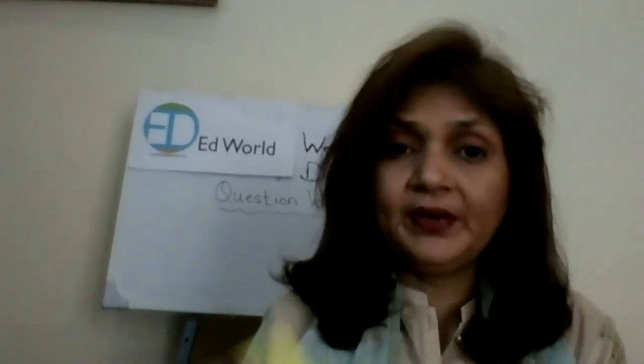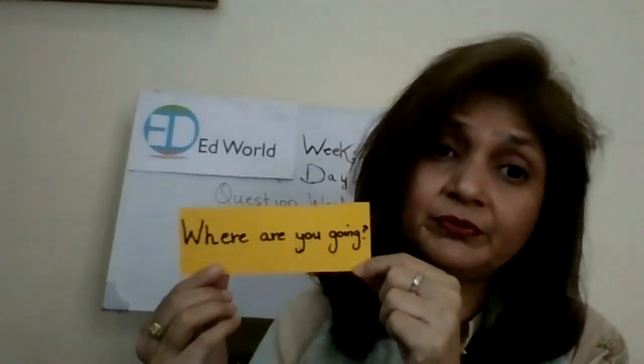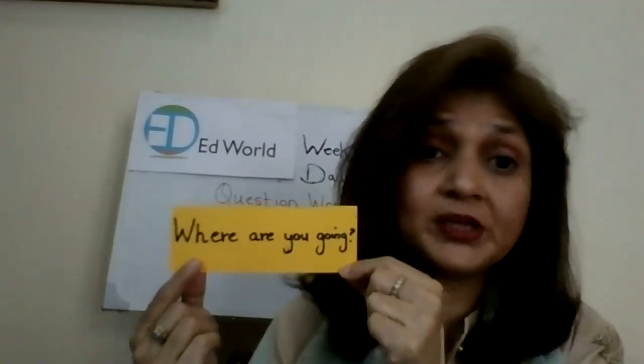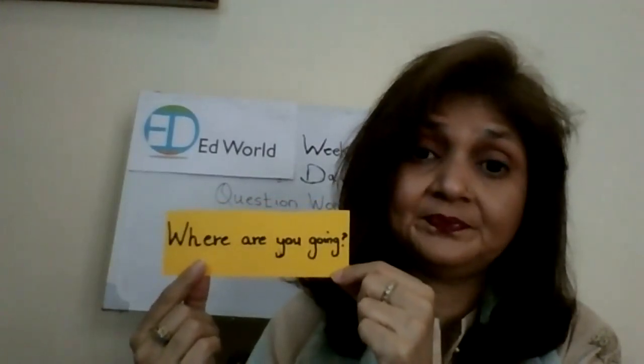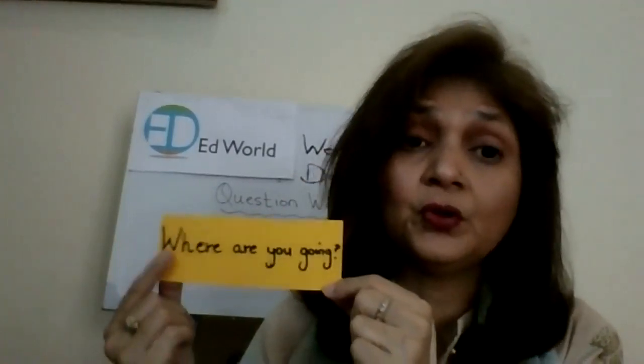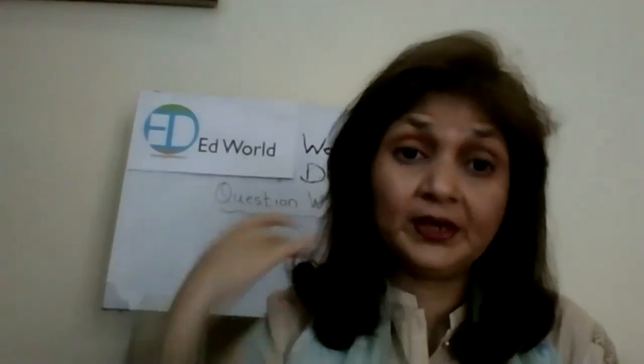So now when I have shown you these questions, what can you tell me? What was the first word in this sentence? Where. So what is where actually? Where are you going? It is asking. So where is a question word.